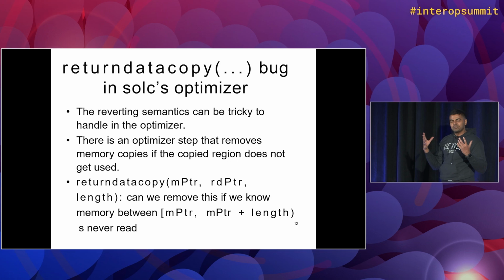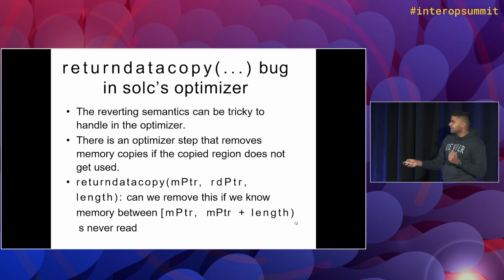After this, we will move on to what happened. The decision to make this exception in the EVM really bit us back in the future, and I'm going to explain what happened here. There is an optimizer step in the Solidity optimizer that would remove memory copies if the copied region is never read from again. From a practical point of view, if you're going to copy to memory but you never read it later, you might as well just remove it.